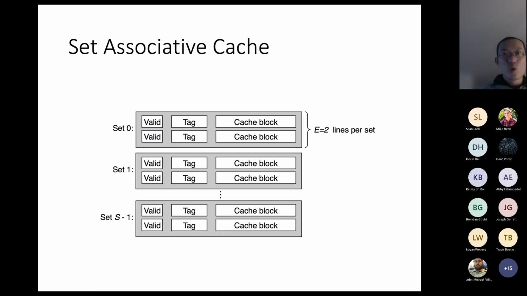And we can have other kinds of cache. So this is called a set associative cache. The only difference is we have 2 lines or more in one set.